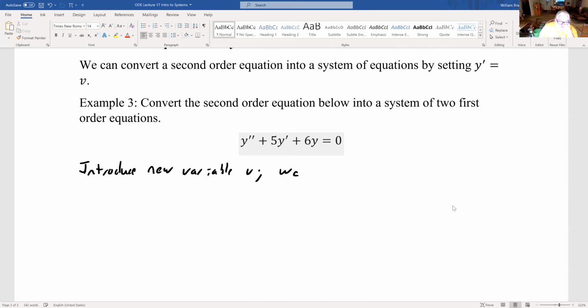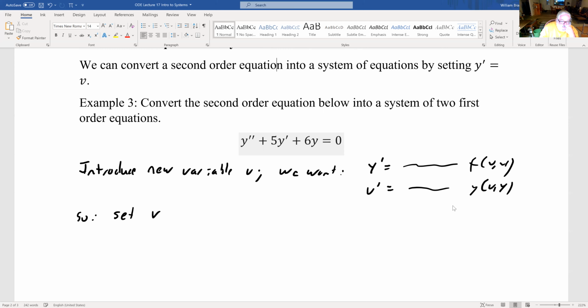We want to be able to write this as y prime equals stuff and v prime equals stuff, and this stuff should be some function of v and y. Okay, so set v equal to y prime, then v prime equals y double prime.